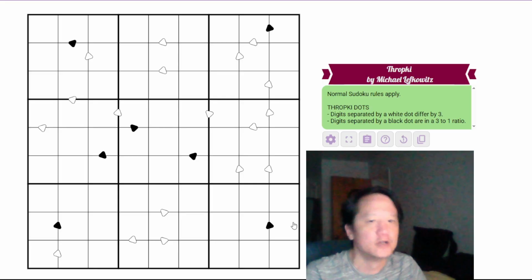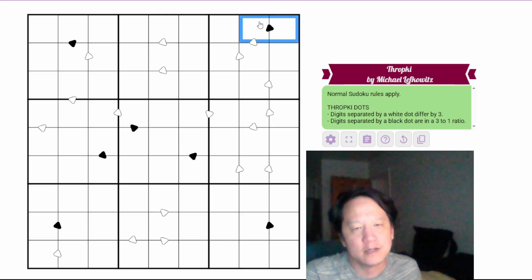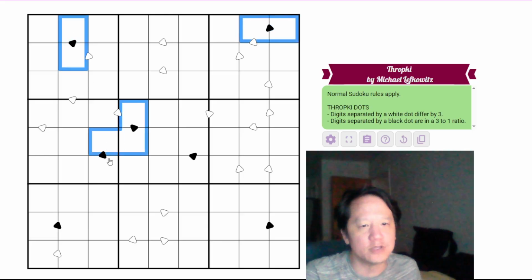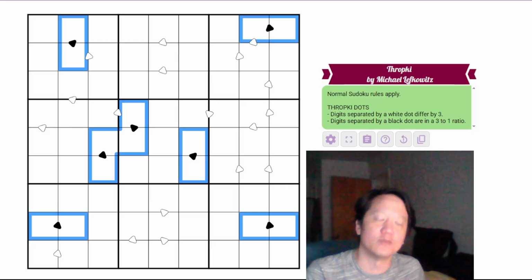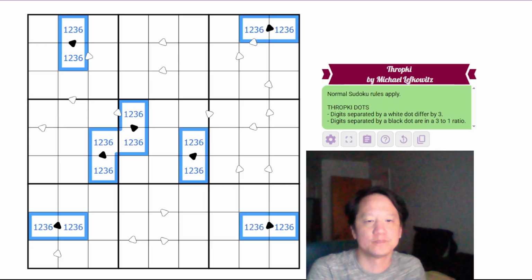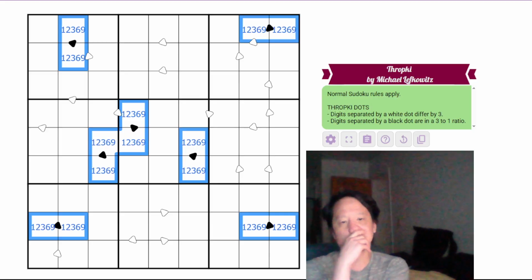So the black Thropki dots can only be next to 1, 2, 3, 6, and 9. Does that help any? I am not sure.